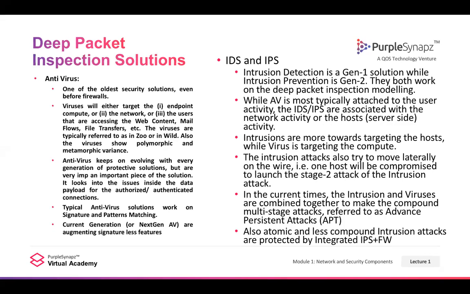A metamorphic is basically a multi-stage virus. What will happen? For example, the virus has a material for another code.